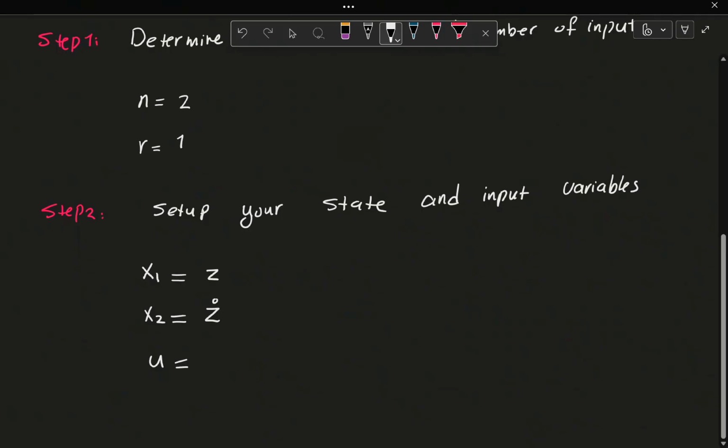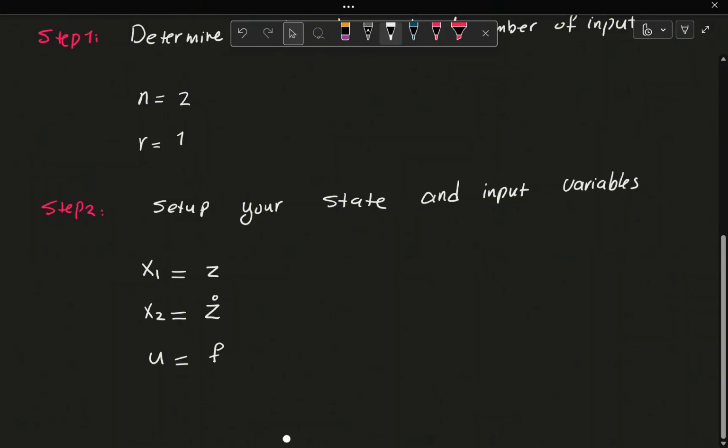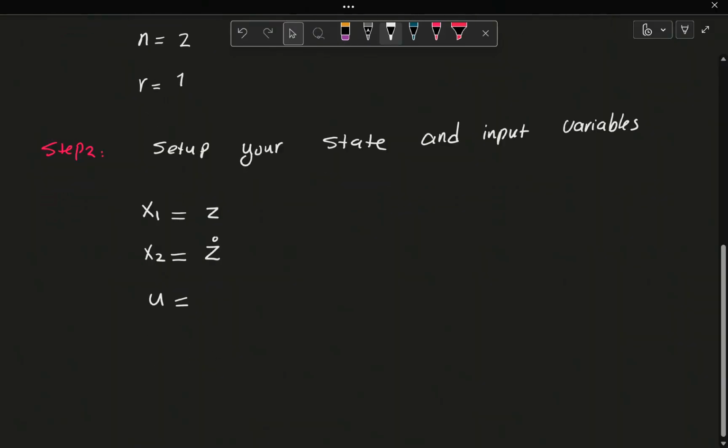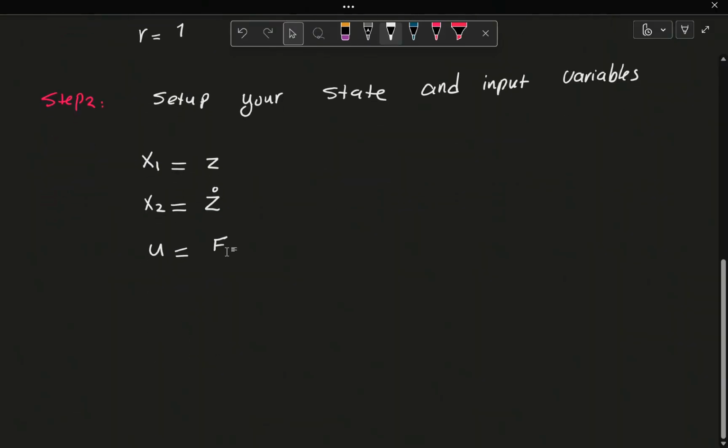You see that? Z dot is exactly one order derivative below the maximum order, z double dot. And my input is the applied force, which I'm going to write as capital F sub a of t. This is the force that's applied on the system.